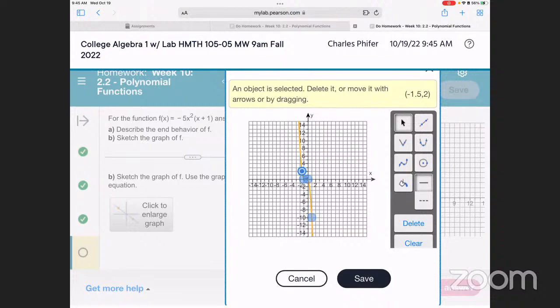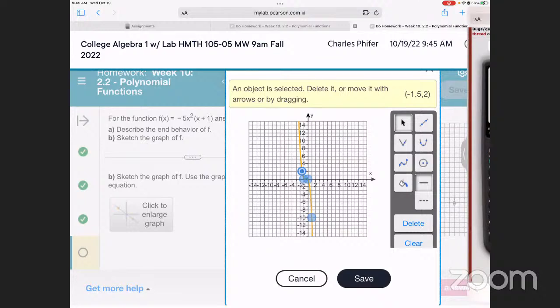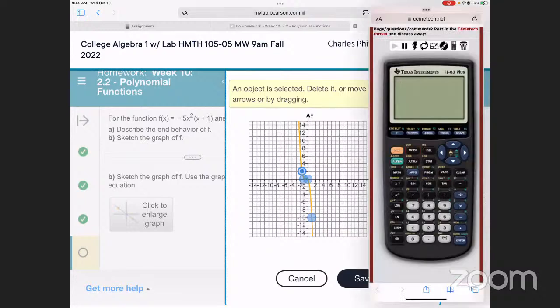Let me use my calculator, see if I can get that number exact. So I'm going to do y equals -5x squared, parentheses, x plus 1. Let's quit. And I want to see when x is -1.5, because I think that's going to be on our chart.